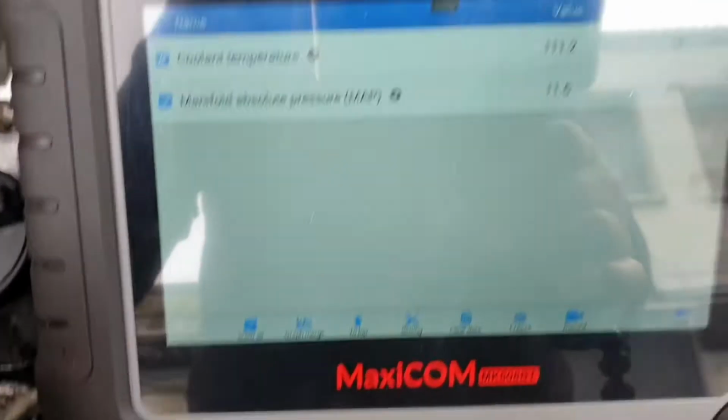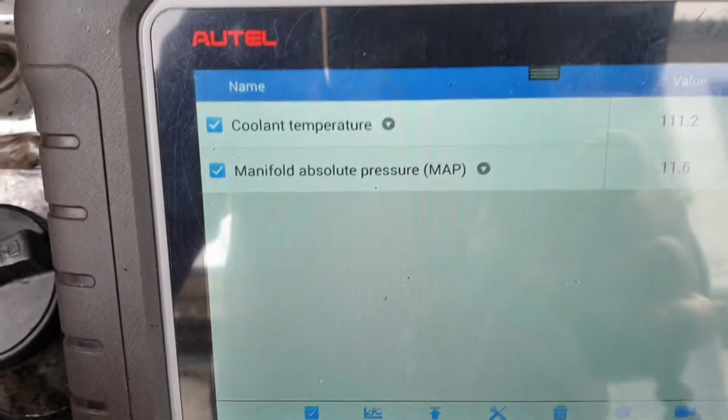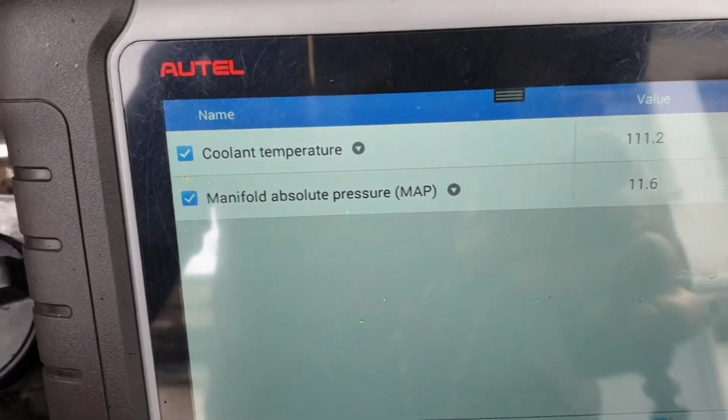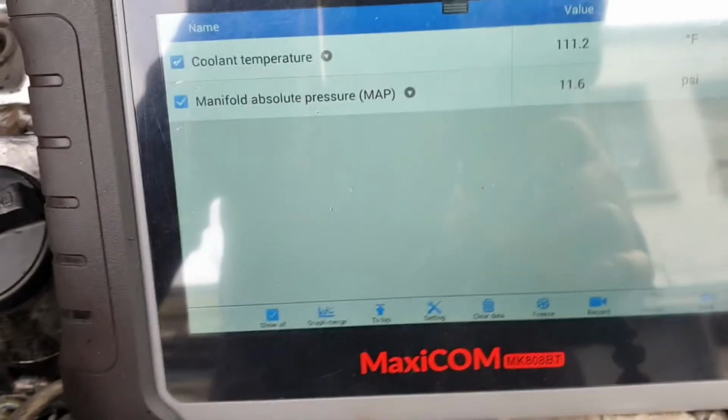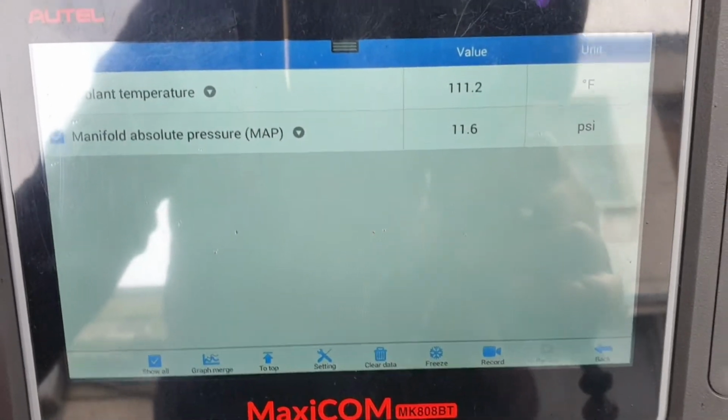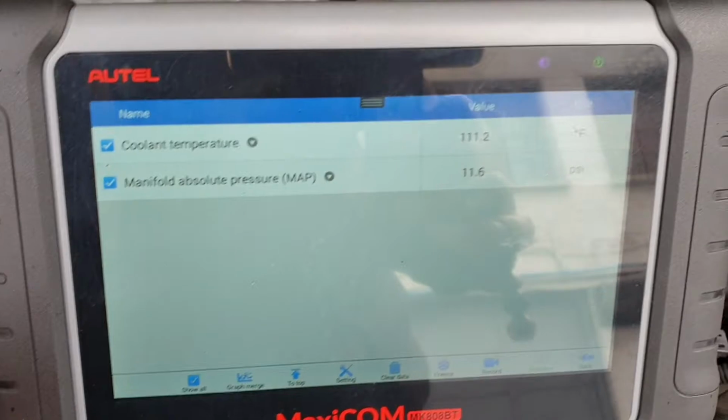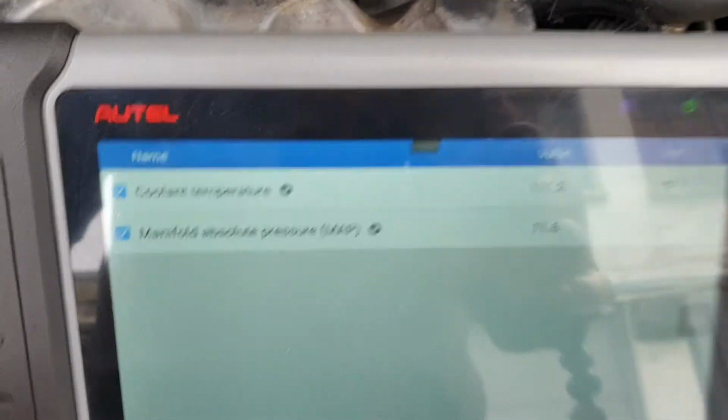So the computer is calculating the manifold absolute pressure differently. It's a bit complicated, but later I will explain that to you as well.